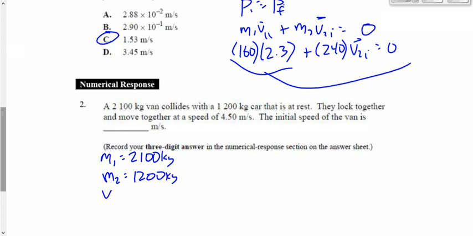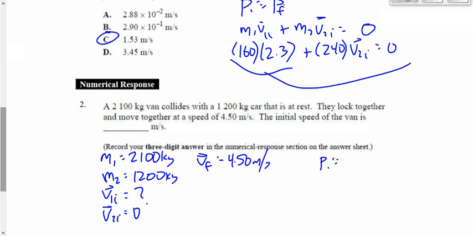Let's say V1I. That's what we're trying to find, isn't it? The initial speed of the van. V2I is 0. And VF, the final velocity here, is 4.5 meters per second. It's the two things combined here.